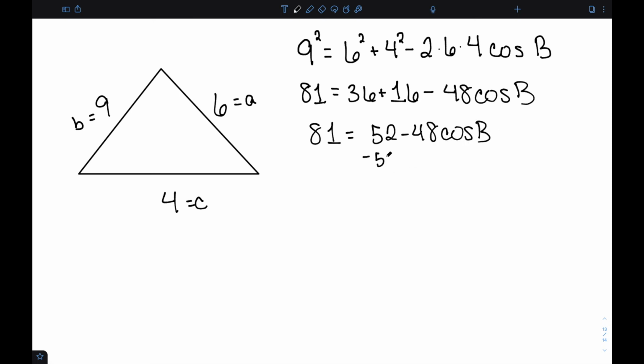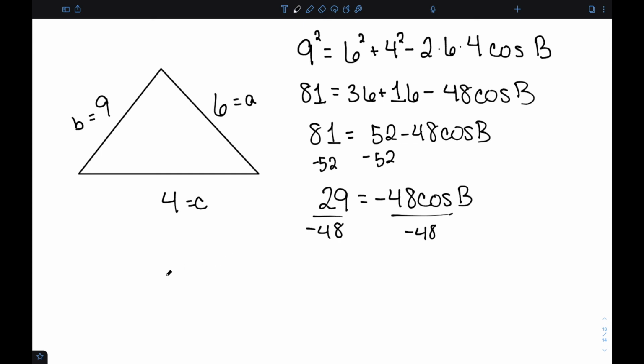We can then subtract 52 from both sides. That gives me that 29 is equal to negative 48 cosine B. Dividing by negative 48 gives me that approximately negative 0.6 is equal to cosine of B. And then we just take the inverse cosine to figure out the angle.